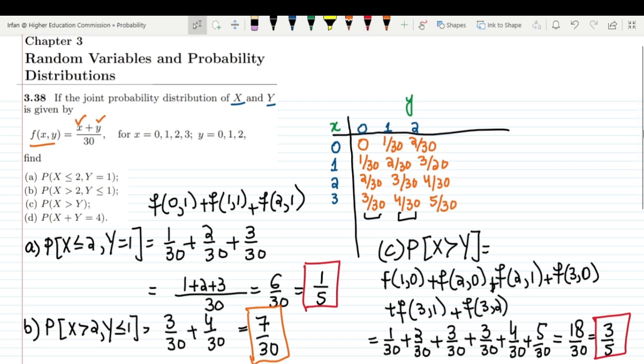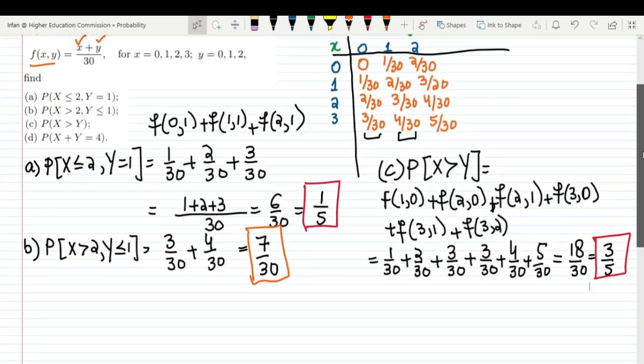Now moving downwards and looking at the solution of part D of my question. And what is part D? We have to find the probability that x plus y is equal to 4, okay.